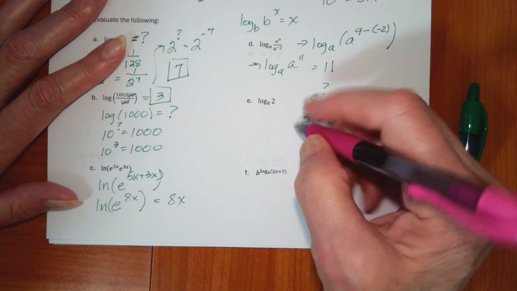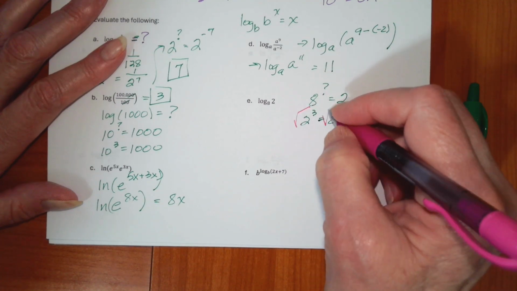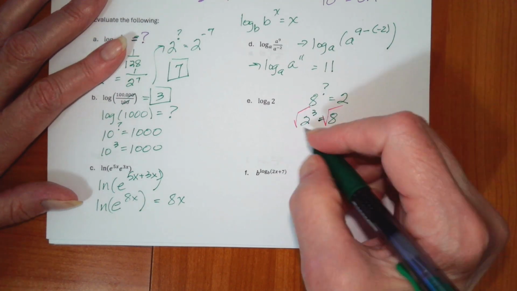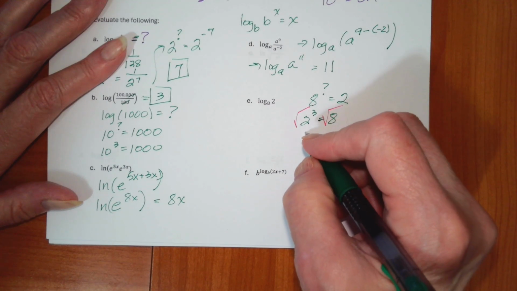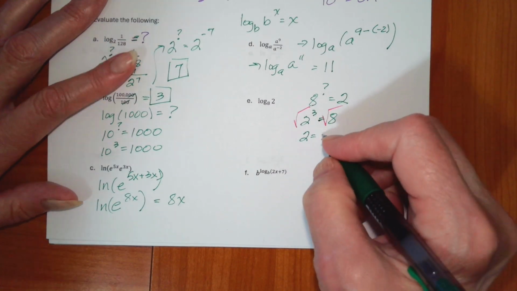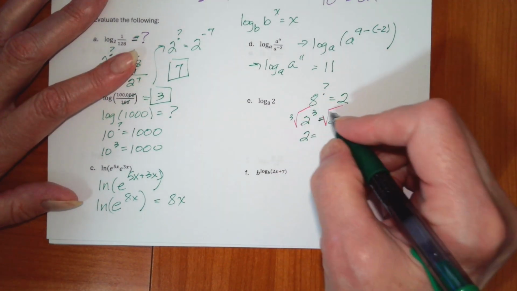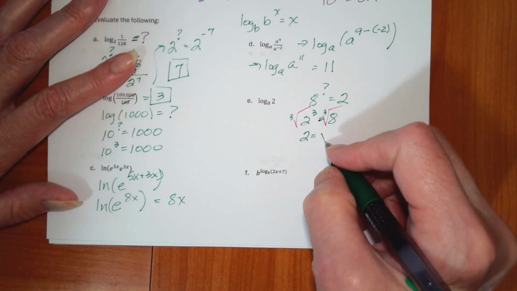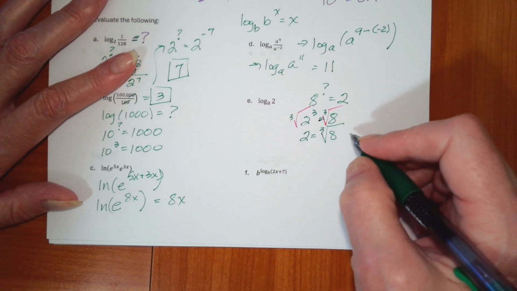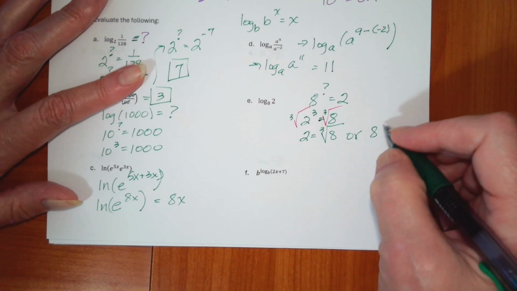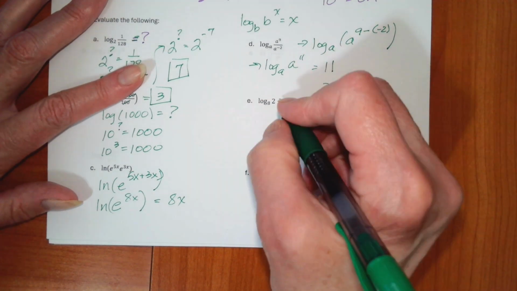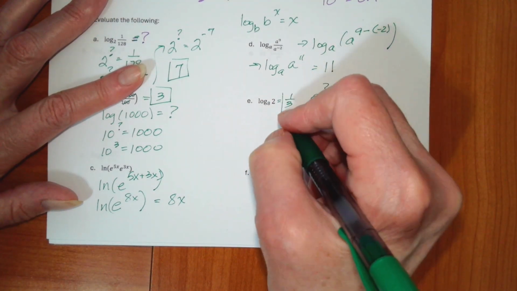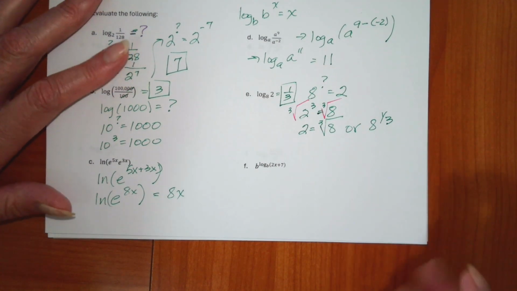And so if I take the cube root of both sides, I get that 2 is equal, I'm sorry, and that's the cube root. The cube root of 8, or 8 to the 1/3, so my answer here is 1/3. 8 to the 1/3 is equal to 2.